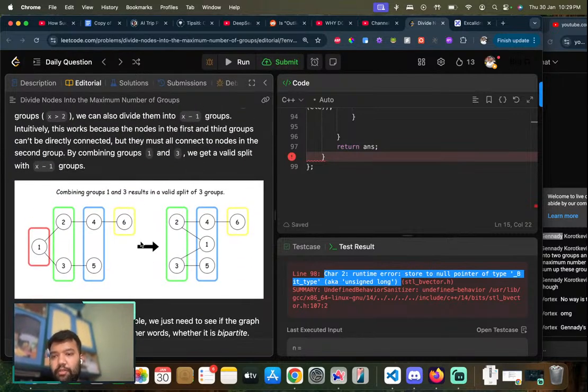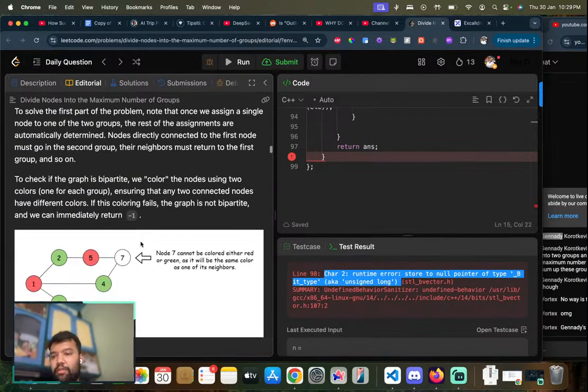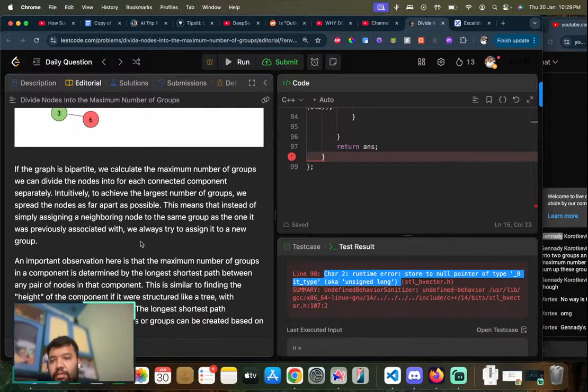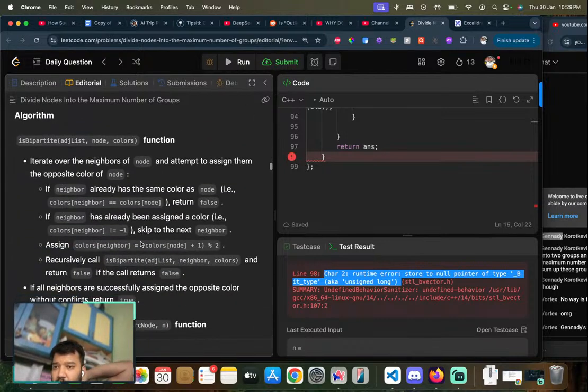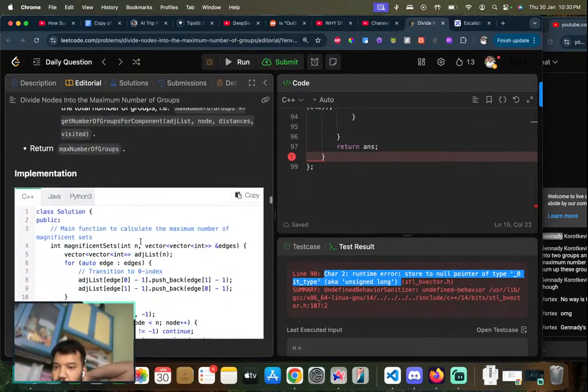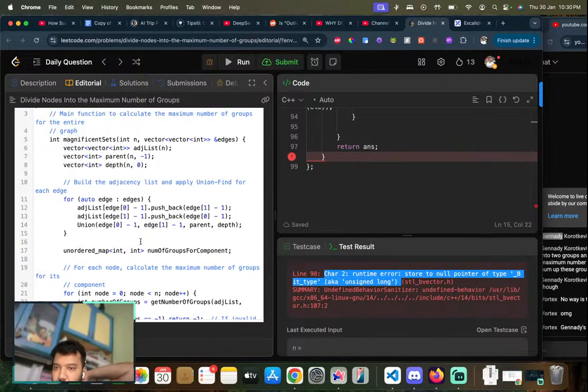So the first, okay, this is very similar to mine, BFS, unifying and depth.